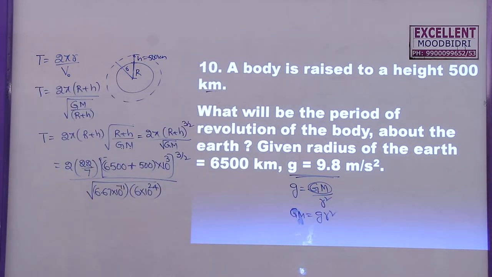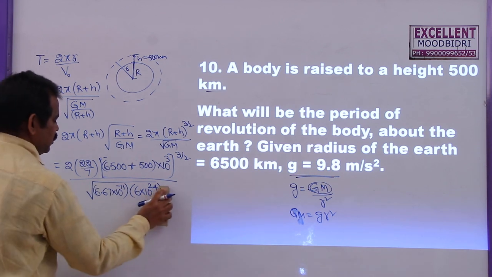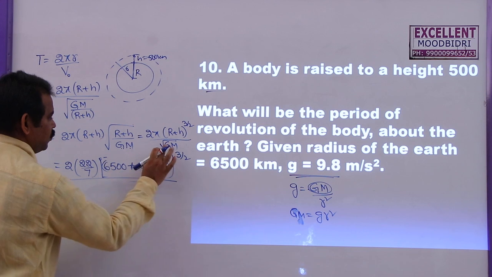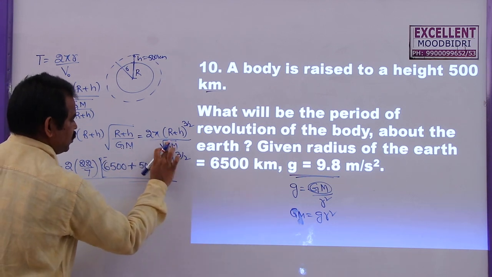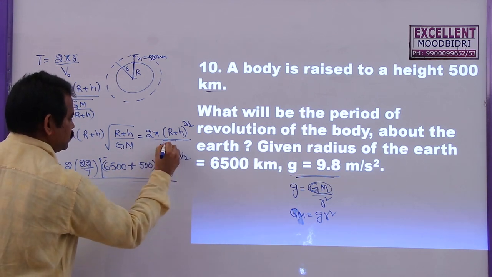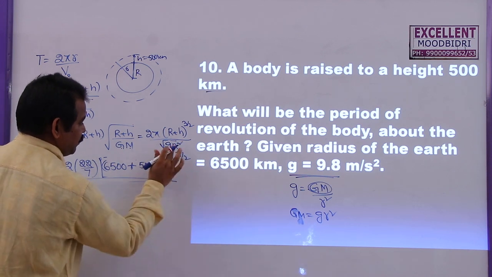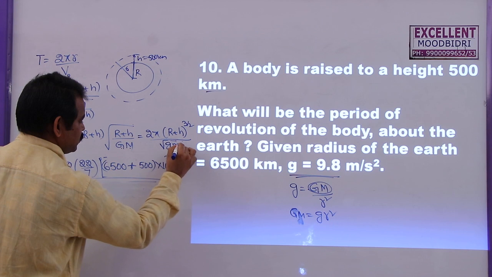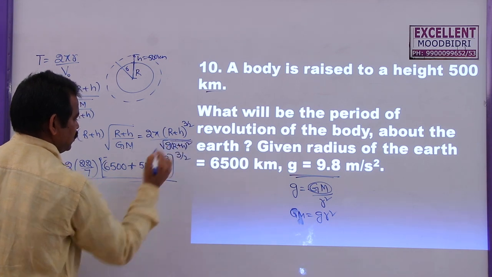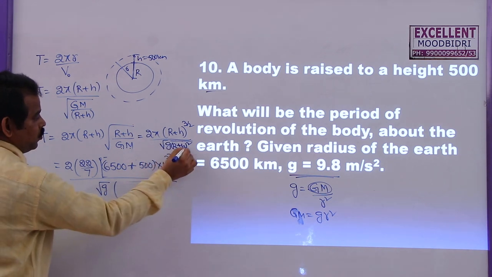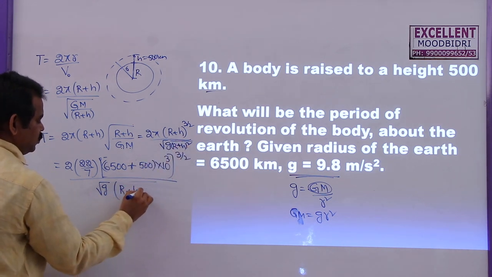So in place of that, root GM can be written as small g into r square. Here r is not capital R, this is r plus h whole square. So this will become root g into root r plus h whole square, meaning r plus h only.